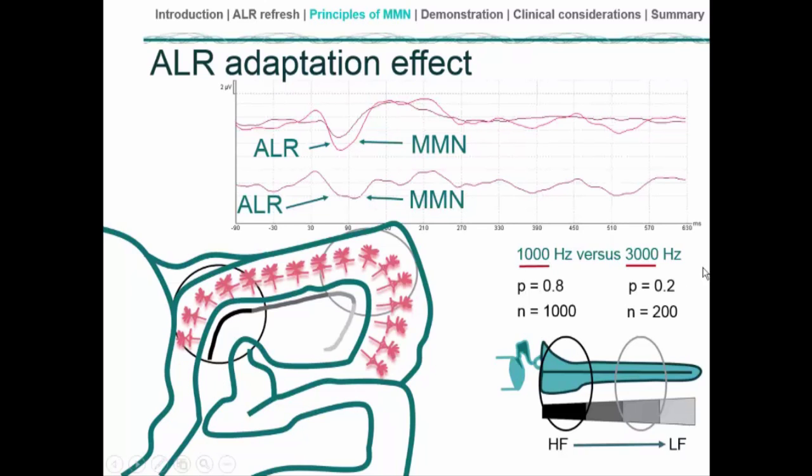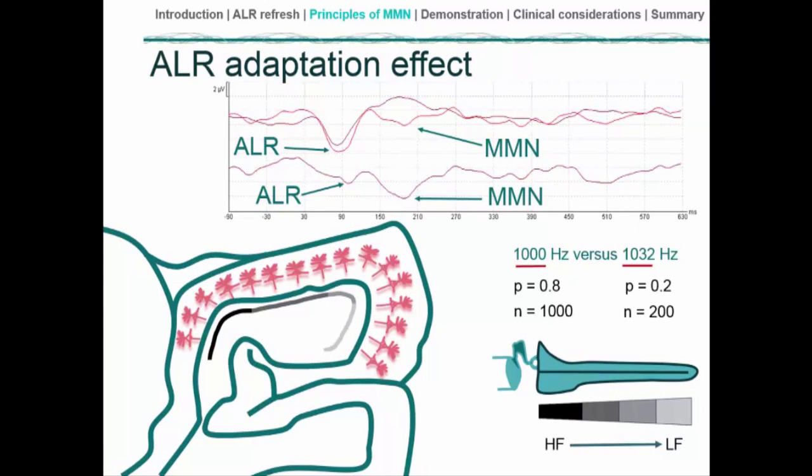Because this is a deviant stimulus, it occurs with much lower probability, and so not only are these neurons far away, but they're stimulated less often, so they're less often in refractoriness. That means that when a deviant does come along, they'll more often be relatively fresh and able to respond readily to that deviant tone. So not only does the MMN occur earlier, but also the amplitude of the ALR is increased, because more of these neurons are fresh and ready to fire.